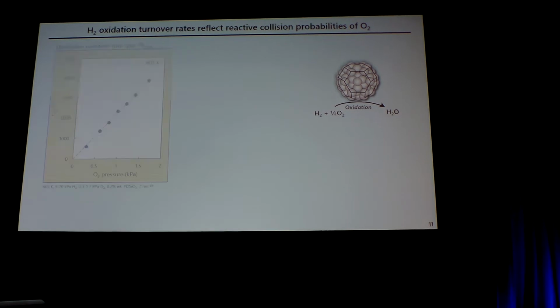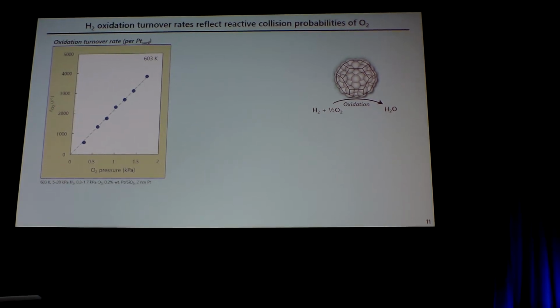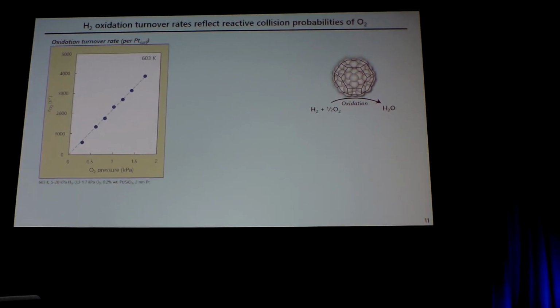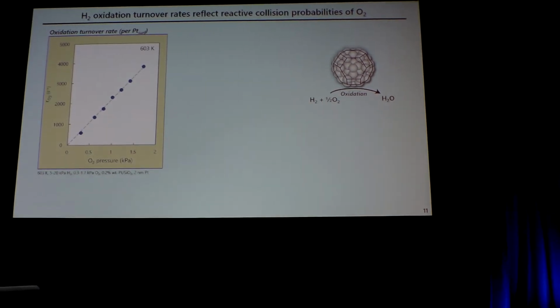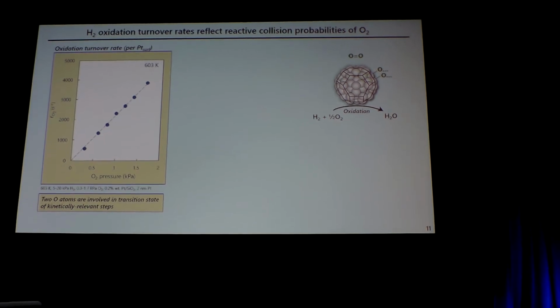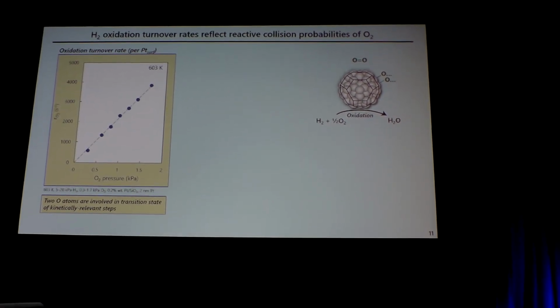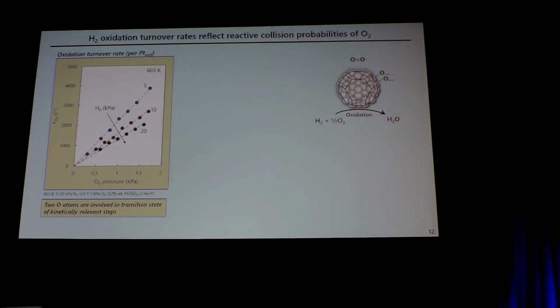So looking at the kinetics of hydrogen oxidation, we report oxidation turnover rates, that is moles of oxygen per surface platinum per second. And we see that they're proportional to oxygen pressure, which tells us that there are 2 oxygen atoms involved in the transition states of the kinetically relevant step. And this is true across all the hydrogen pressures that we've used here.